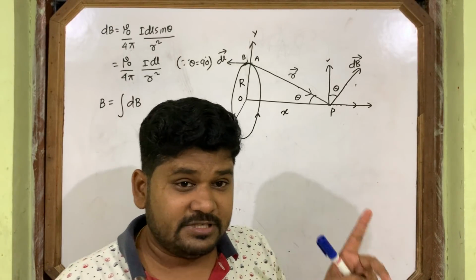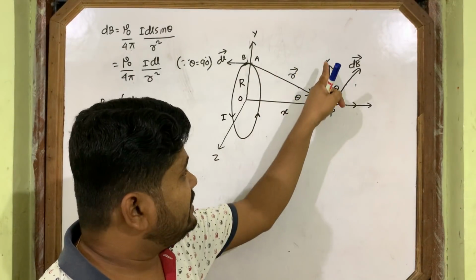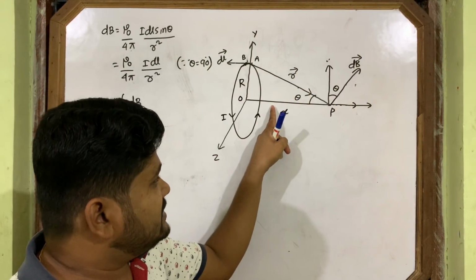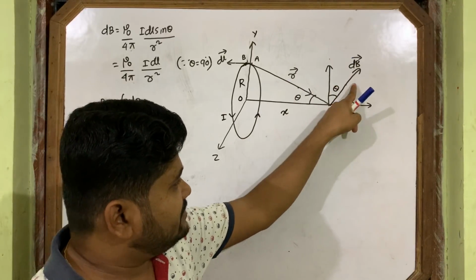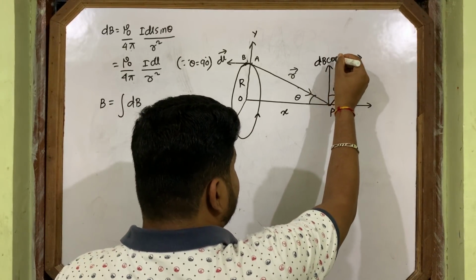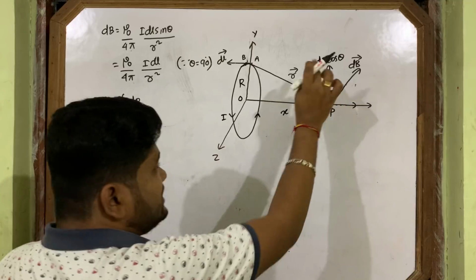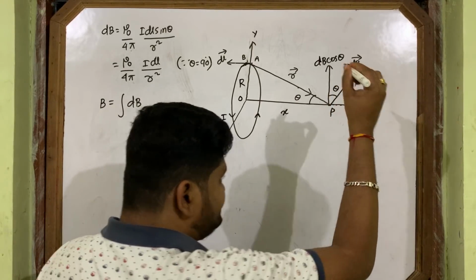Geometry theorem. It's very easy to find the angle. To this axis, this is perpendicular. To this r vector, dB is perpendicular. This is also theta. So this is dB cos theta, because the theta side will be cos, and this is dB sin theta.